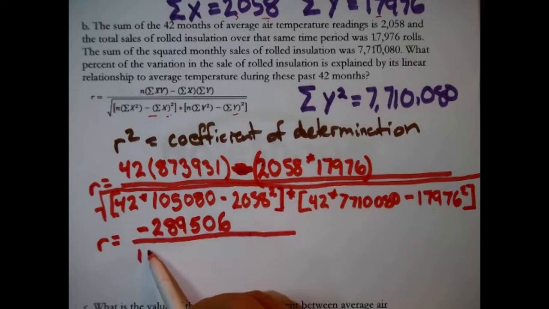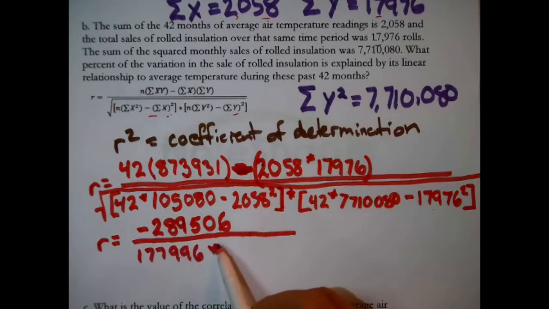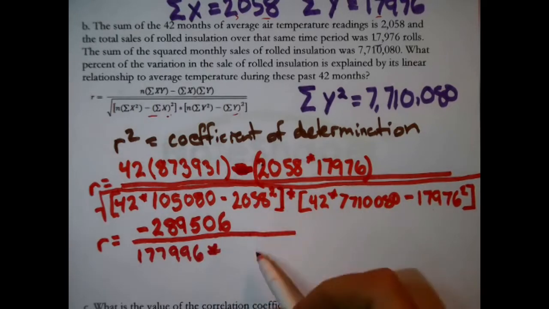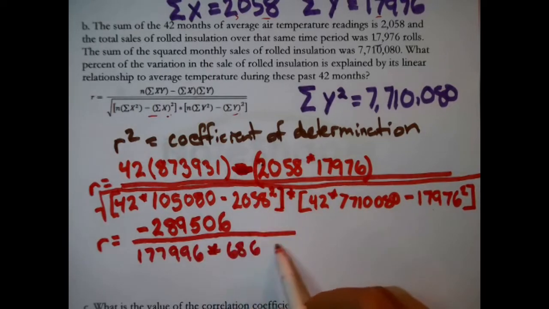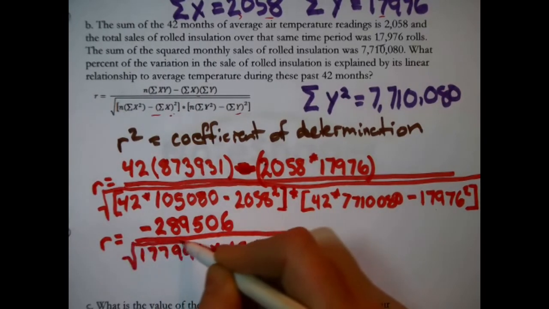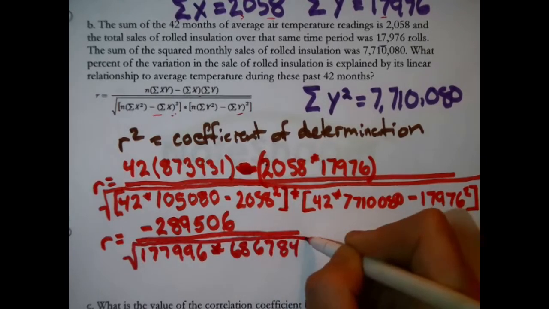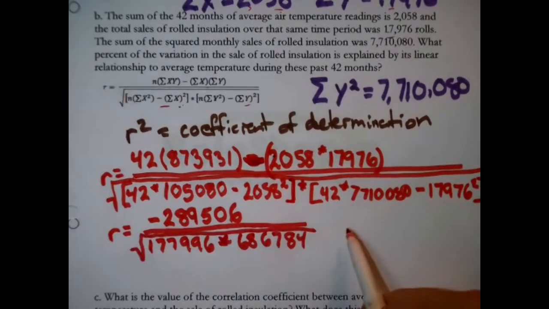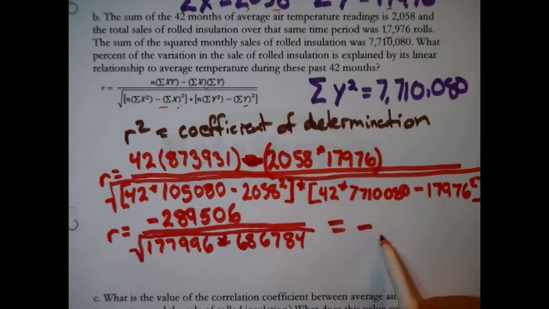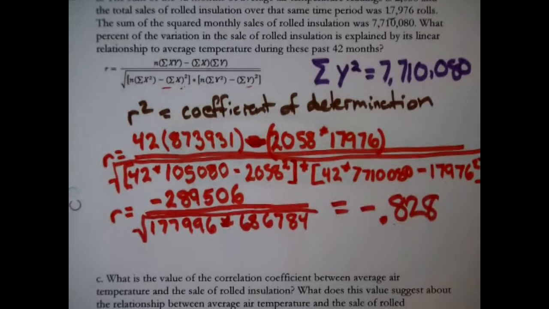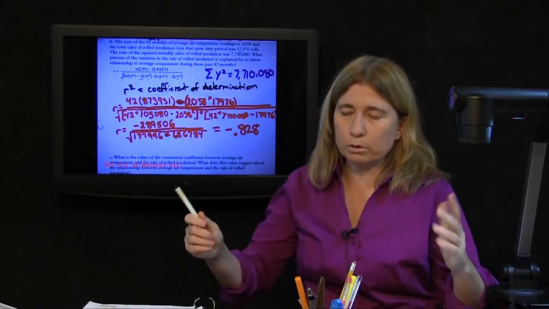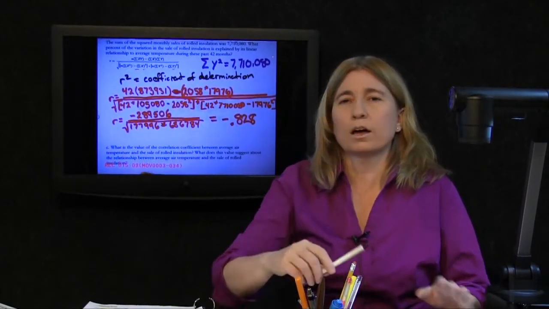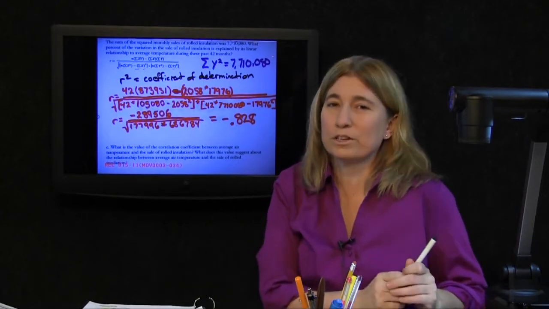I get 177,996 times, in here, what I get is 686,784, and we have still, as of yet, to take the square root. When we do that, what my calculator is displaying is a negative 0.828 with some rounding. Phew, we filled out that formula, but we haven't answered the question.